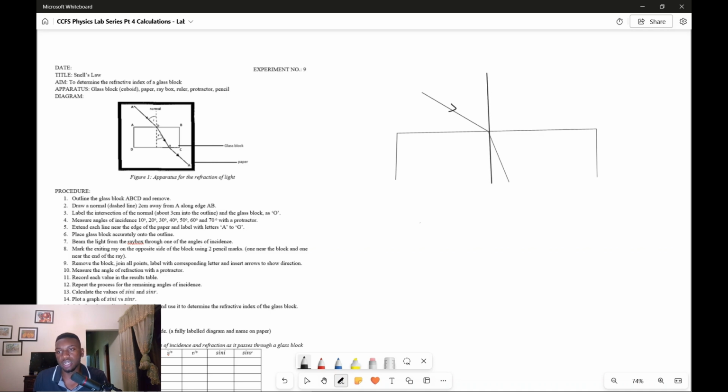There was somebody else that actually came up with the relationship, but his name ended up getting credited to it. So we have Snell's law, which is that for a given pair of mediums, the sine of the angle of incidence over the sine of the angle of refraction is a constant.